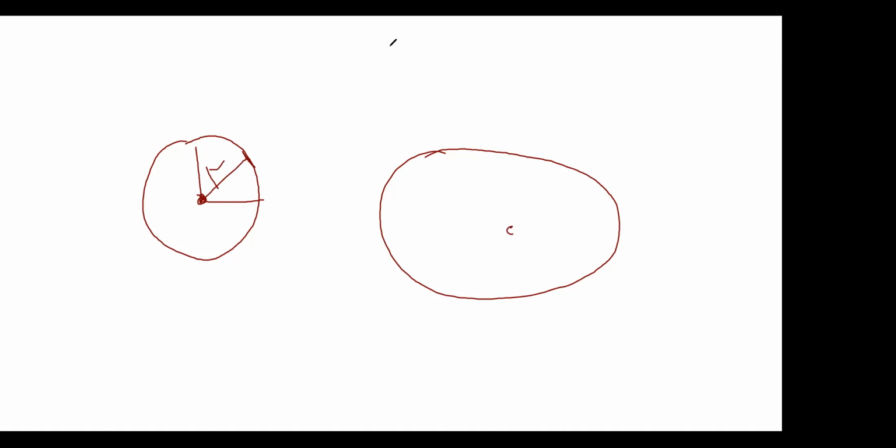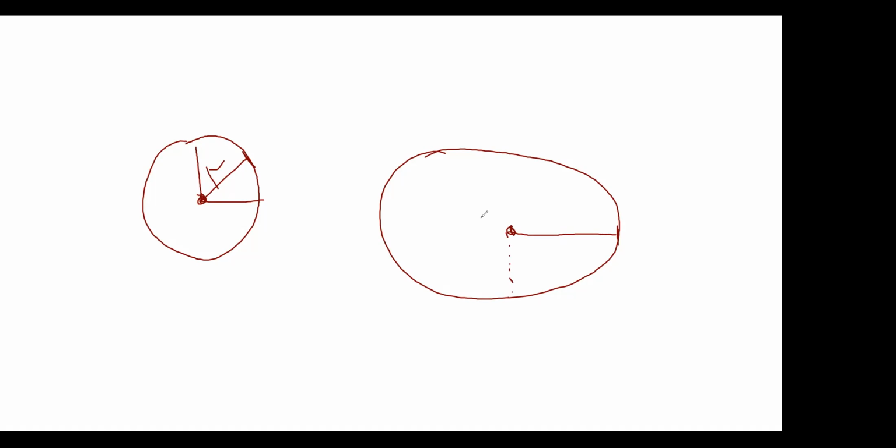But in the ellipse, this will not happen, because as you see here, if you draw a line from the center to a point on the ellipse, you will not have the same distance if you draw it vertically. This is the difference between the circle and an ellipse.